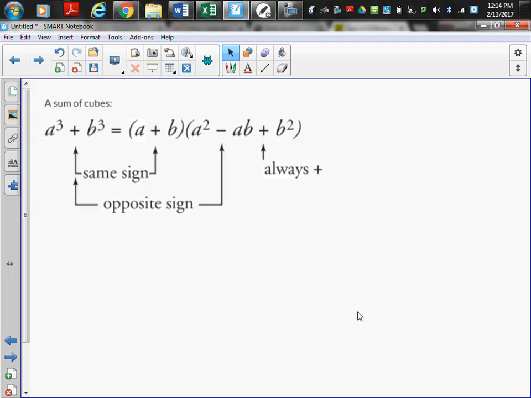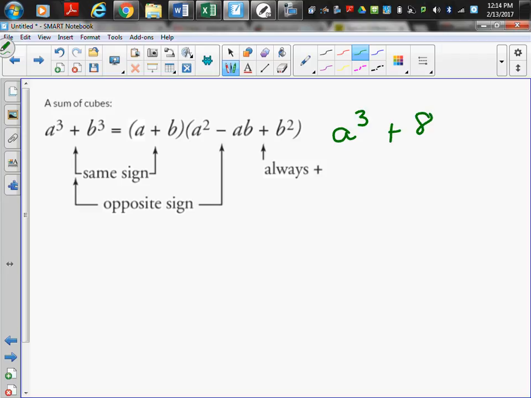All right, so let's start with A cubed plus 8. So when we factor this, we know this is A times A times A plus 2 times 2 times 2.